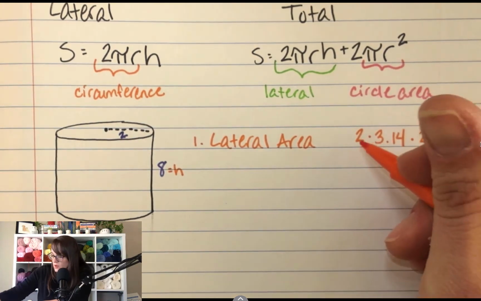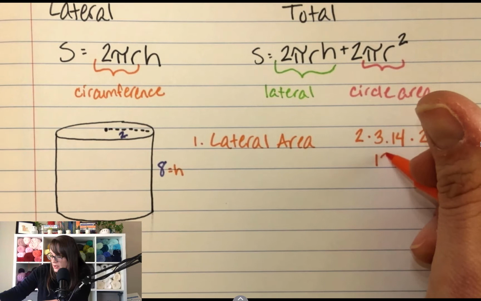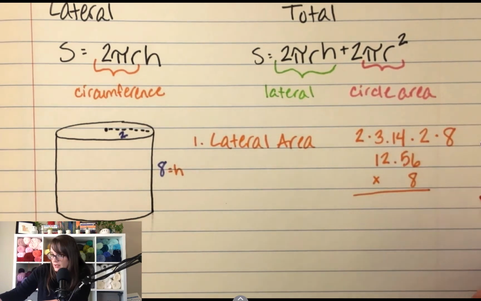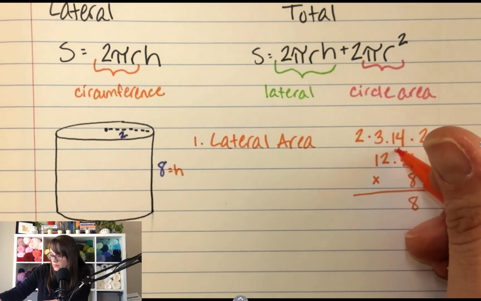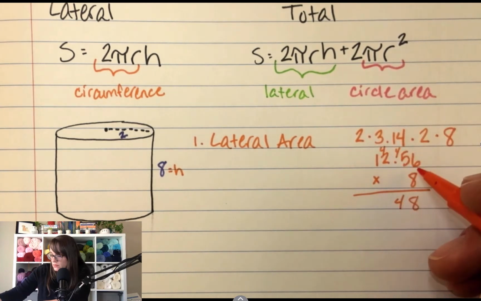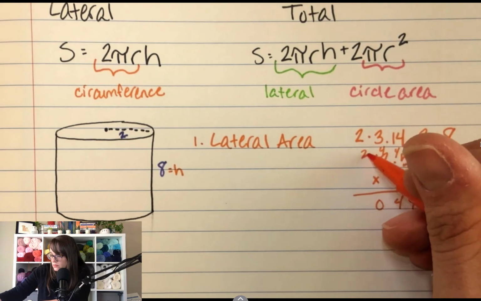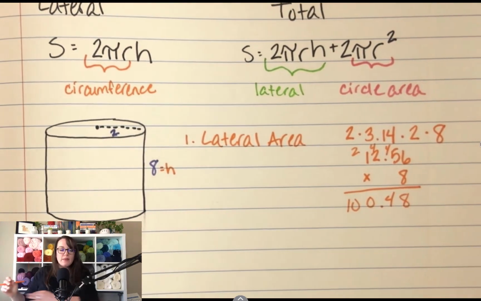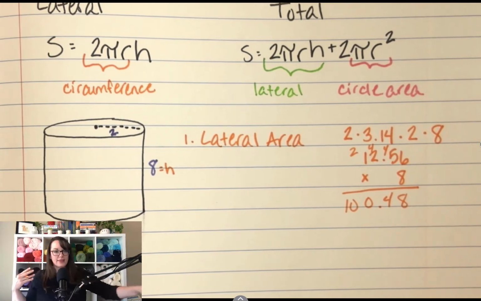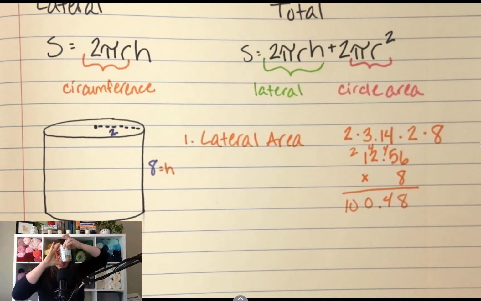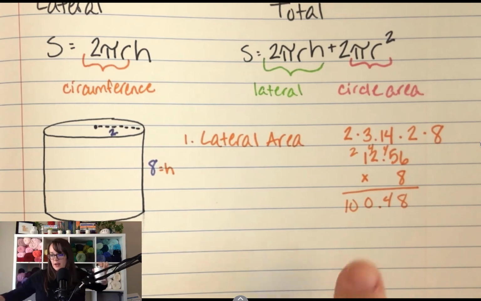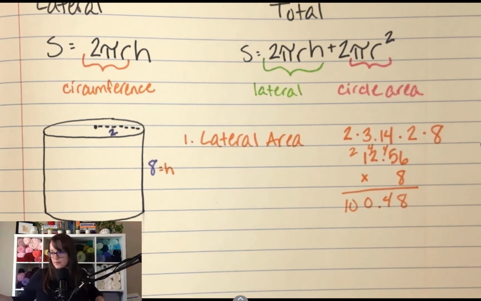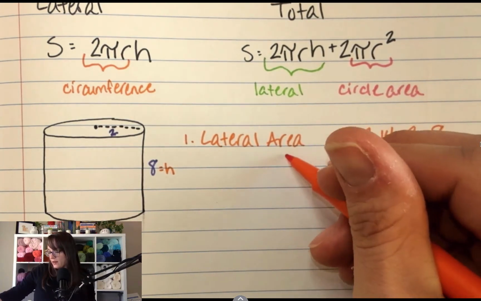So this is 12.56 times 8 is how much? 100.48. So that means that the rectangle that goes around, so like the label on this can, the label has an area of about 100.48, whatever it is. So this is my lateral area.